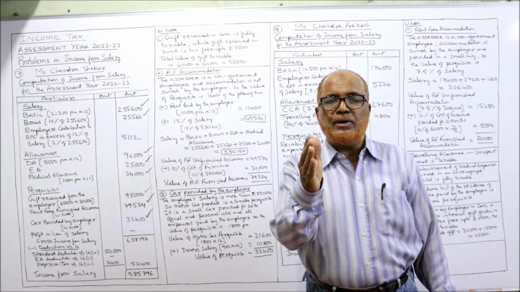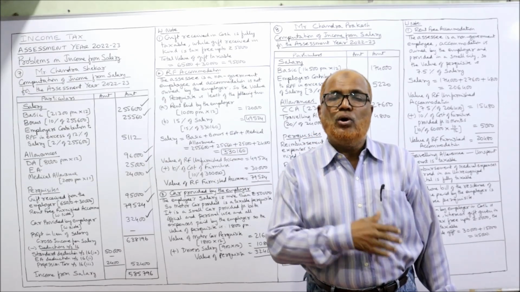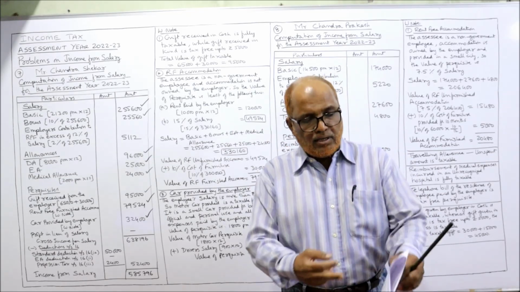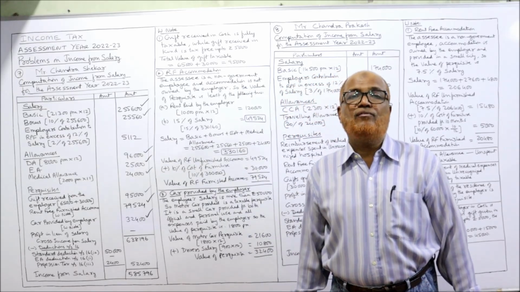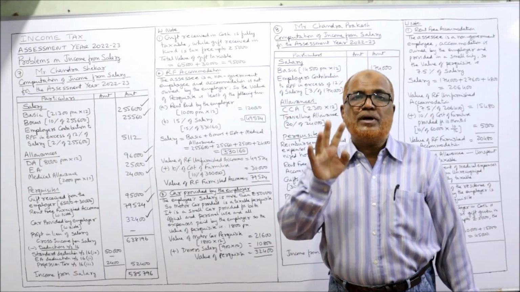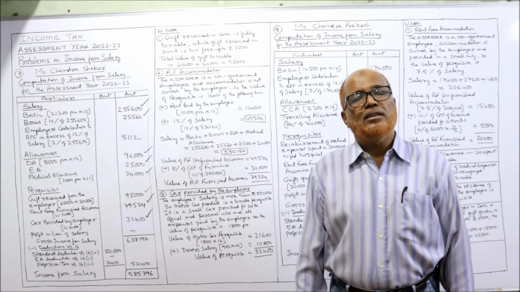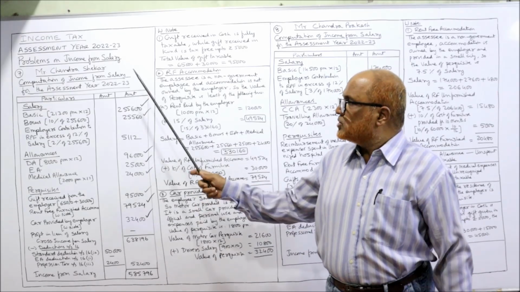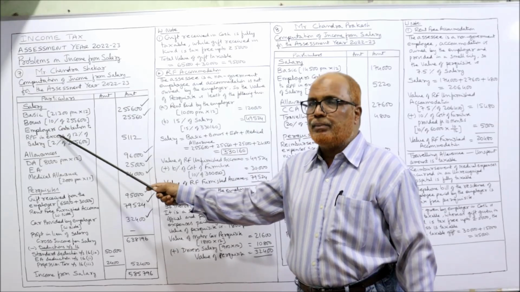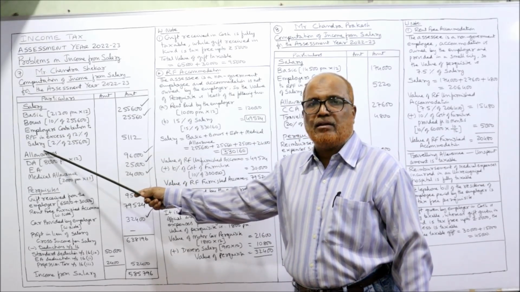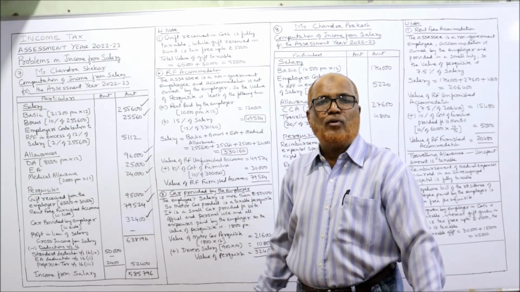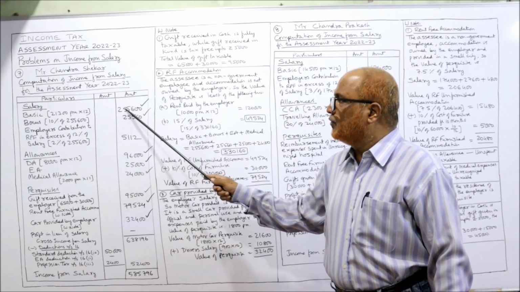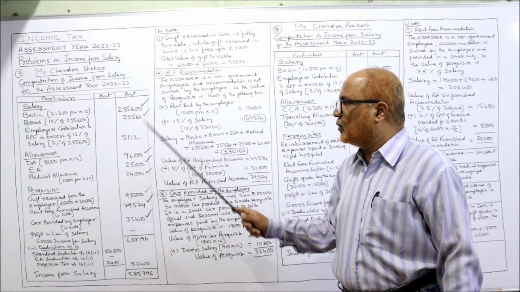So up to 12% of salary it is not taxable, over 12% taxable. Here the employer has contributed 14%. That means 2% more he has contributed. That 2% is taxable. So the employer's contribution to RPF in excess of 12% of salary: actually the employer contributed 14%, so 2% of 255,600 is 5,112.